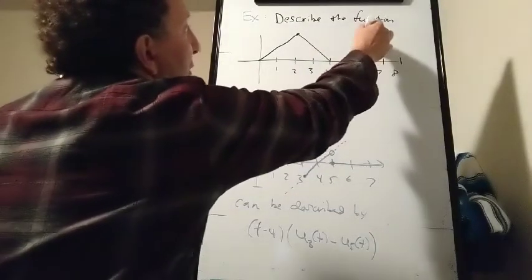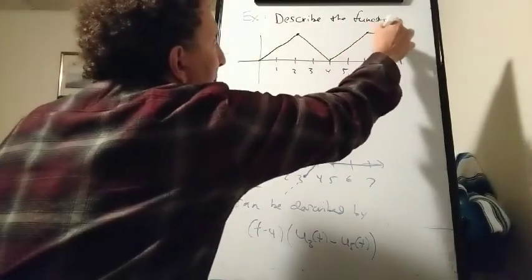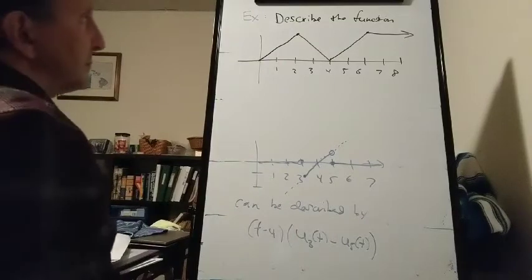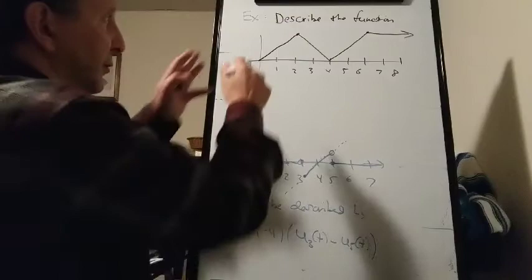And then I want to go up to 6, 2, and then stay there. This function is actually completely continuous, but of course it has a different description on different intervals.